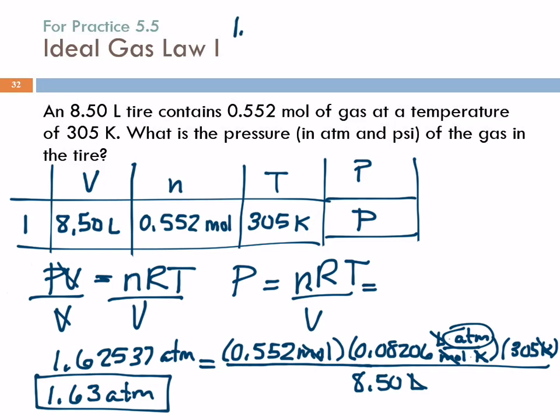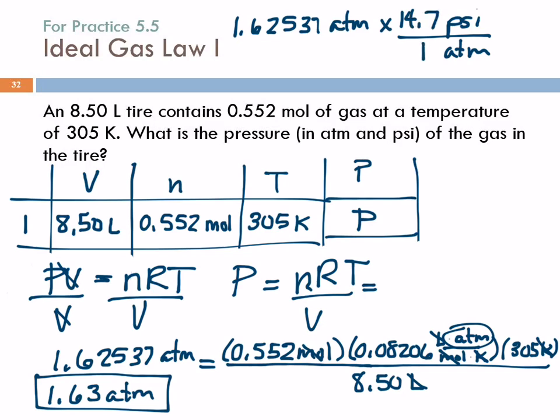So I'm going to take that pressure, 1.63 atmospheres, and I'm going to multiply by the relationship between PSI and atmospheres, 14.7 to 1.